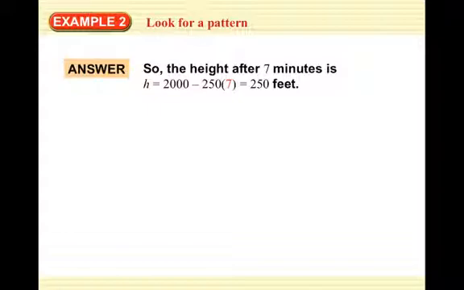And so we get h equals 2,000 minus 250 times 7. 250 times 7 is 1,750. So 2,000 minus 1,750 is 250 feet. If we had wanted to know the height after 6 minutes, we would have plugged in 6 for t. However many minutes after the initial time, you just plug in that value into your equation.